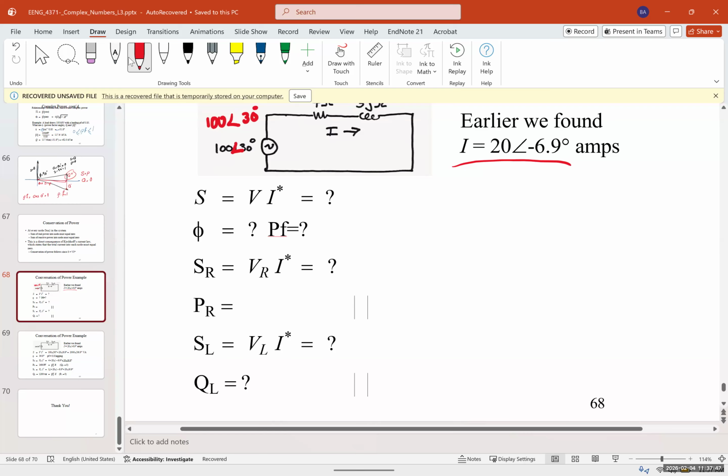Yes, 1.8 kilowatts. What about you? 1600 is correct. And what about S? What did you get? VI conjugate. What did you get for that?